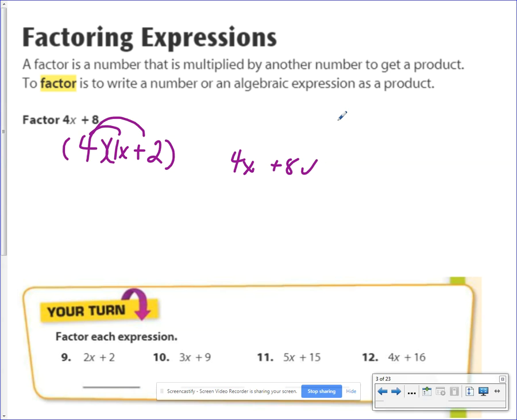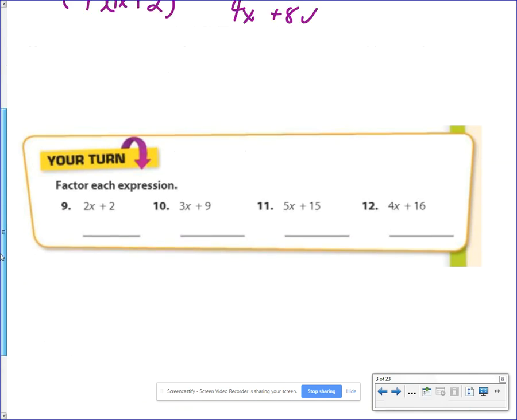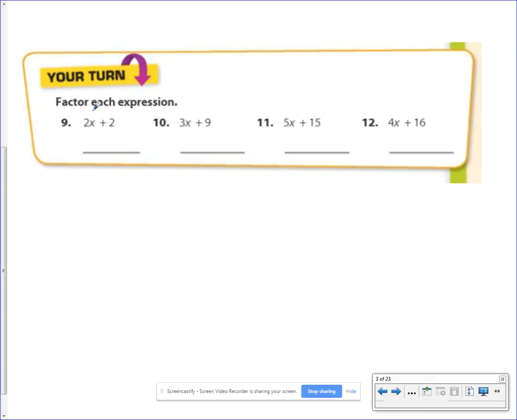Double check it. When you redistribute, do you get 4x plus 8? All right, let's give these ones a challenge. 2x plus 2. You have a common factor of 2. What is left on the inside? I would have a 1x. Now, if you just want to write x there, that's fine. And a 1. Double check by distributing again. There you go. 3 and 9, what do they have in common?